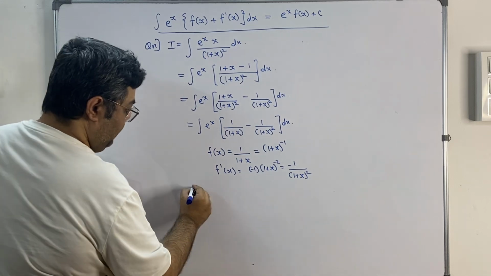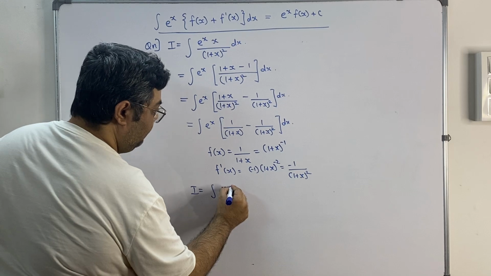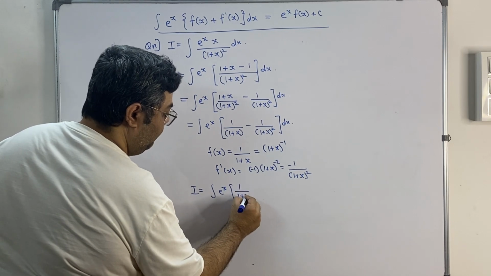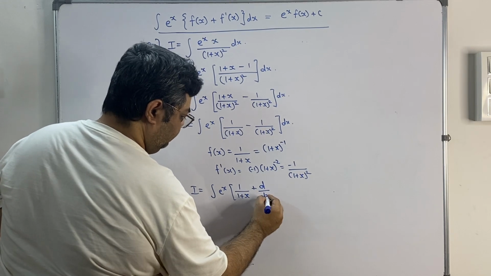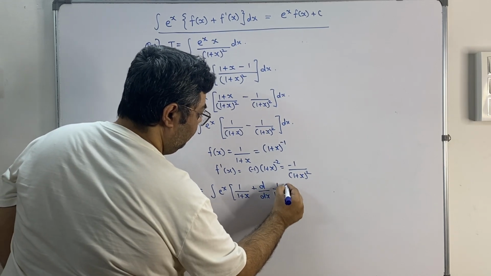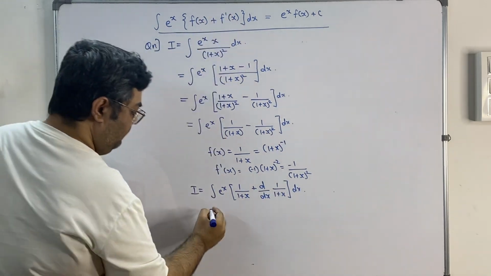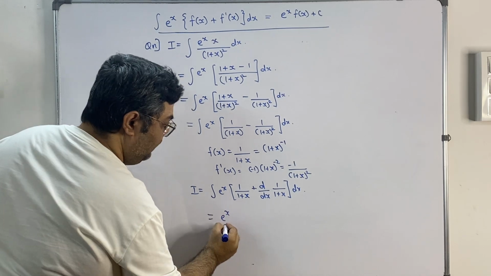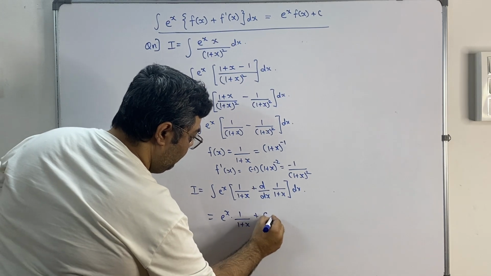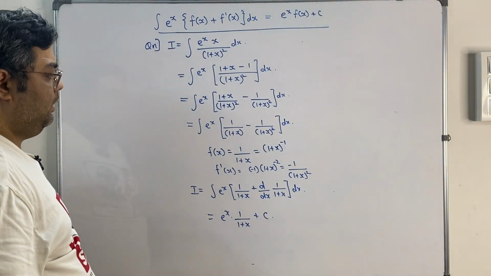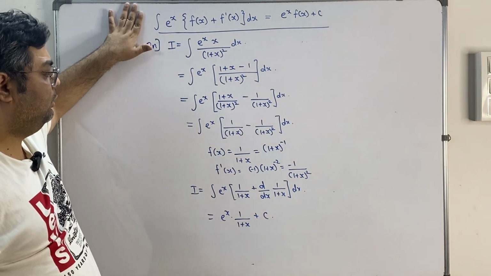In other words, I have I is equal to integration e raised to x (1 upon 1 plus x, plus the derivative of 1 upon 1 plus x). Applying this rule, we get the answer e raised to x into 1 over (1 plus x) plus c. Okay? So this was how you apply this particular formula to solving problems.